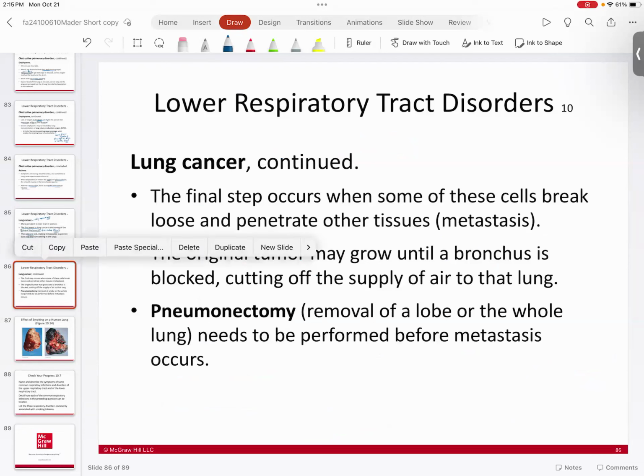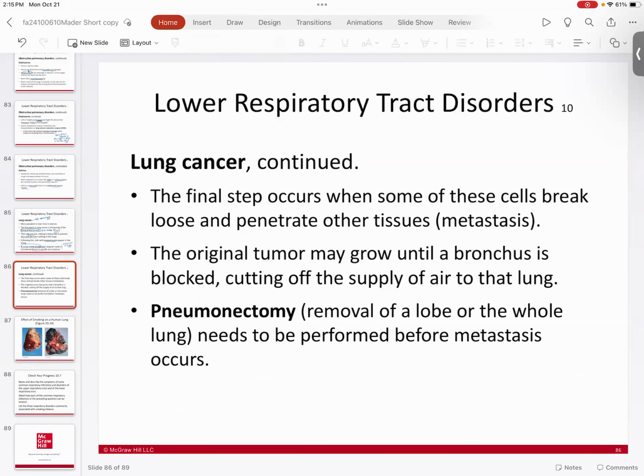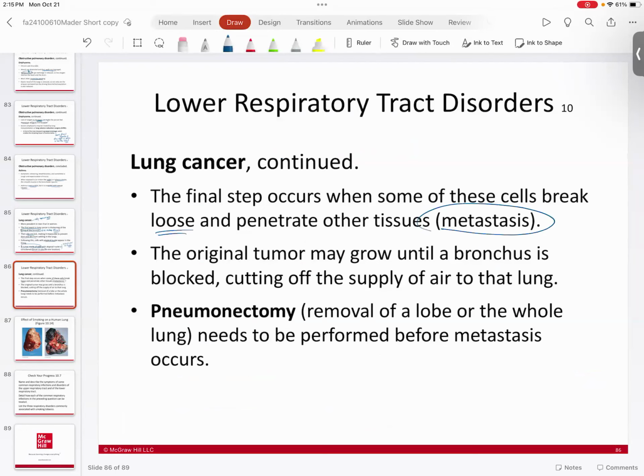And then at that point, the last step is basically when these cells of the tumor begin to break loose and they move around. This is what's called metastasis. When they start to move around, they're able to move around your body, and they can lodge in other areas of your body.